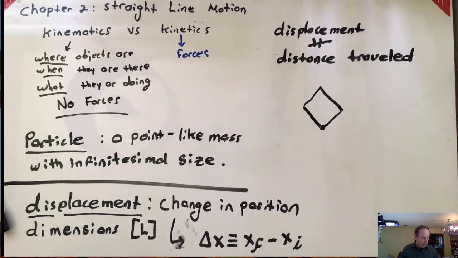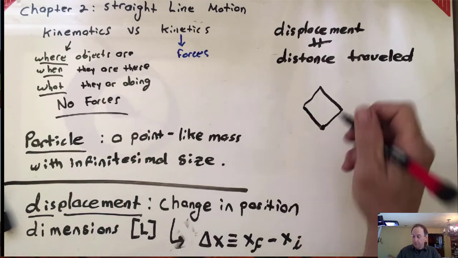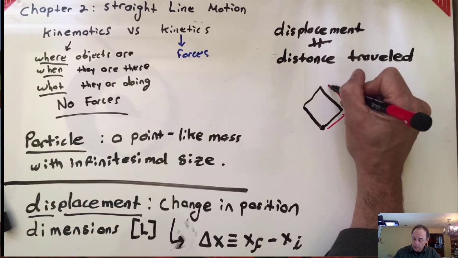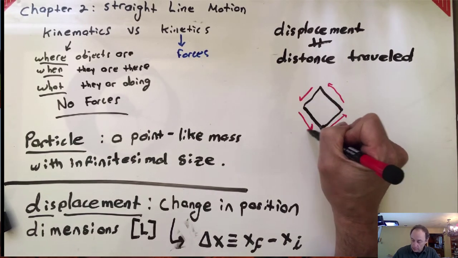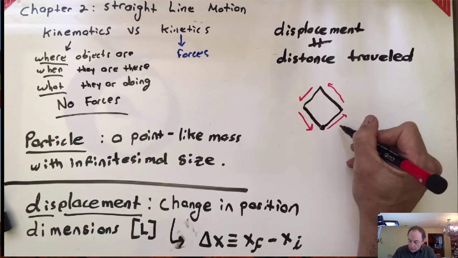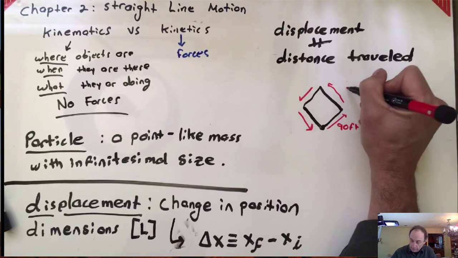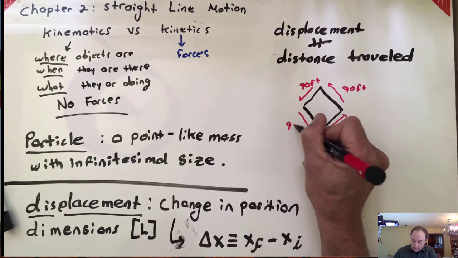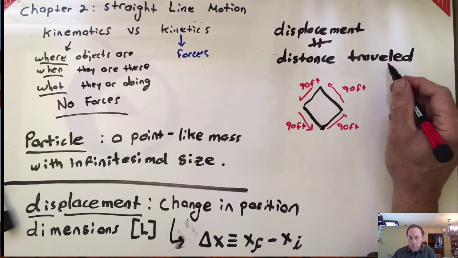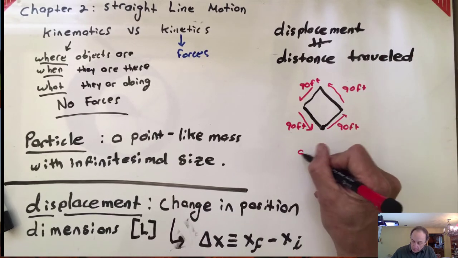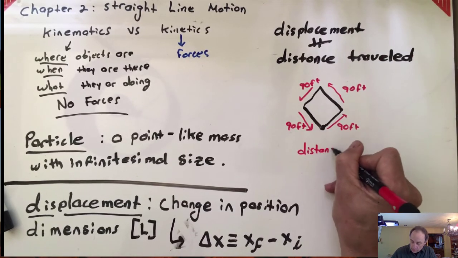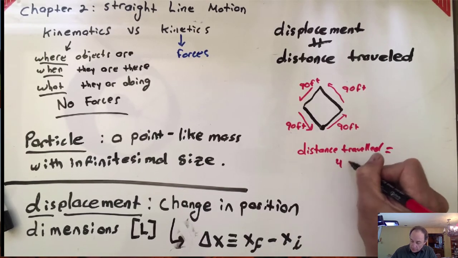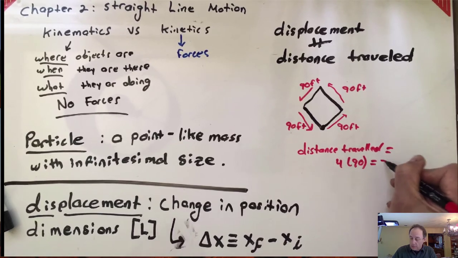All right, so there's a hit. It's a home run. The runner goes here, here, here, and here. On each leg here, 90 feet. What's the distance traveled? The distance traveled equals 4 times 90, or 360 feet.